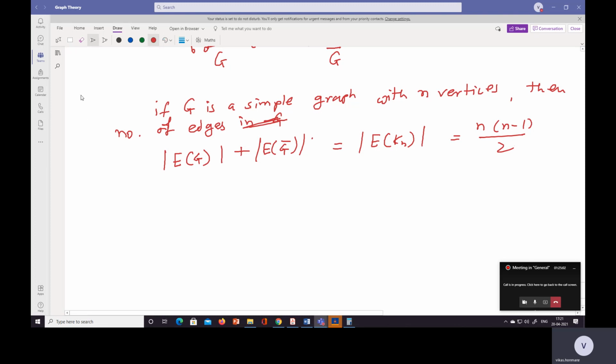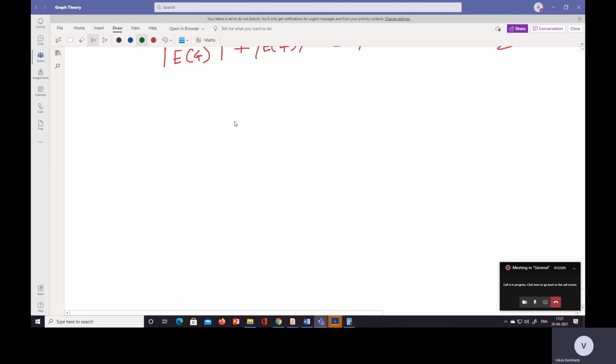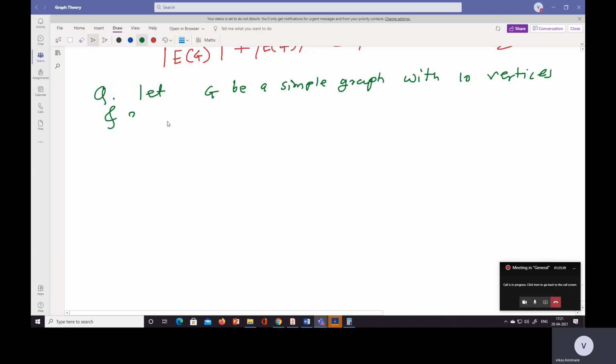So let's take an example. Let G be a simple graph with 10 vertices and 31 edges. Find the edges in G bar.